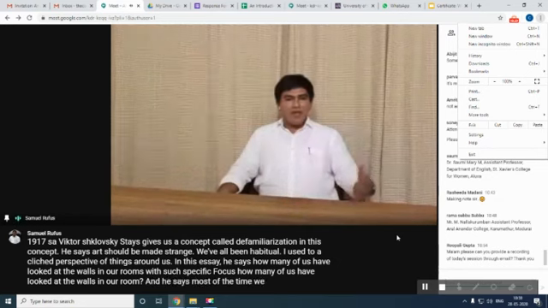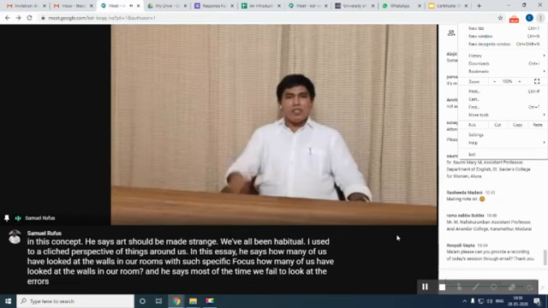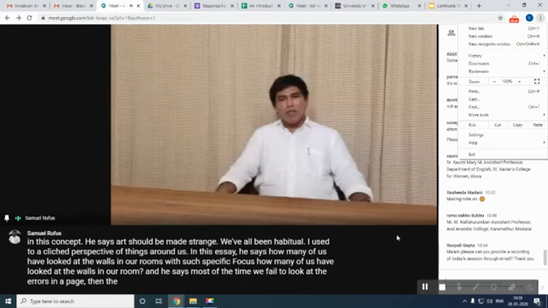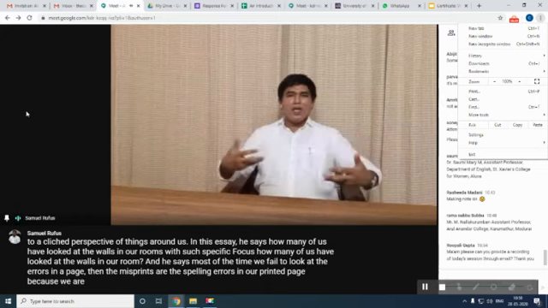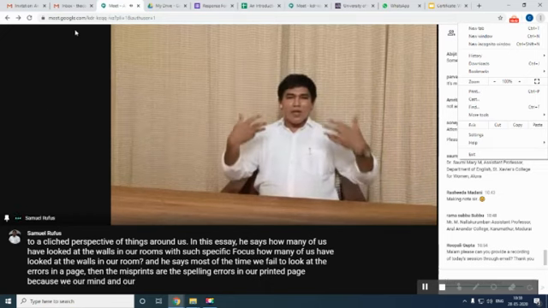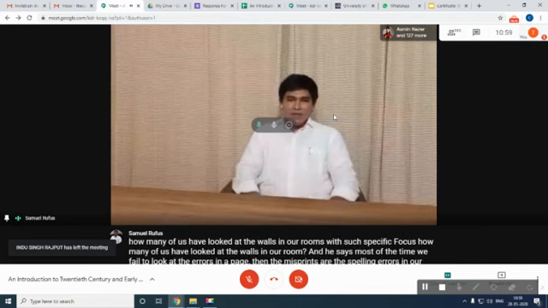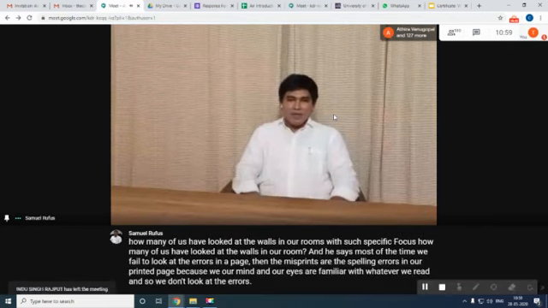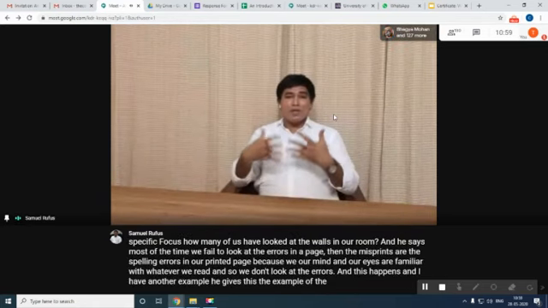And he says, most of the time we fail to look at the errors in a page, right? The misprints or the spelling errors in a printed page, because our mind and our eyes are familiar with whatever we read. And so we don't look at the errors. Another example he gives is the example of the violin.